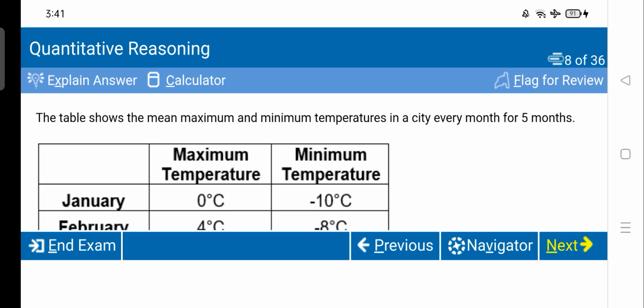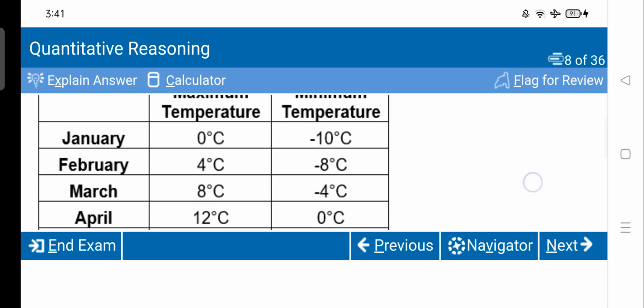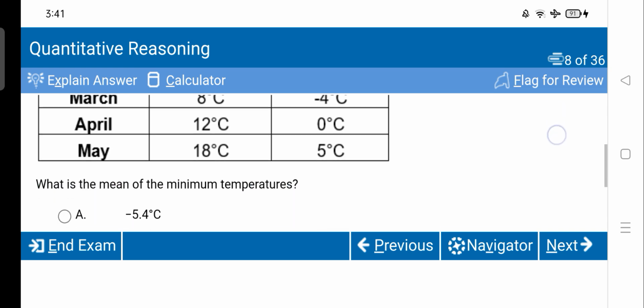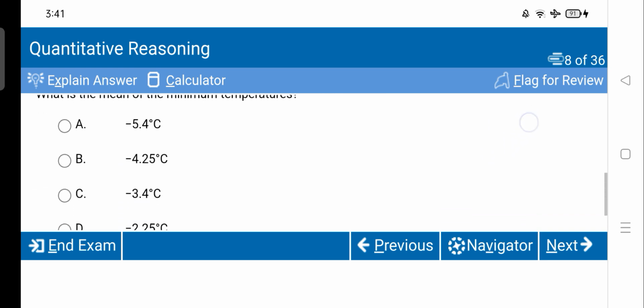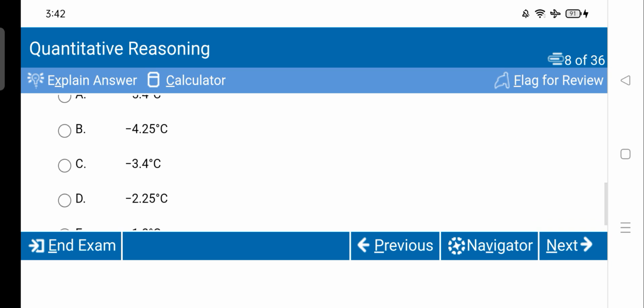Now we have the same statement with the same table. Here you can see, in this they ask what is the mean of the minimum temperatures. Option A minus 5.4 degrees centigrade. Option B minus 4.25 degrees centigrade.